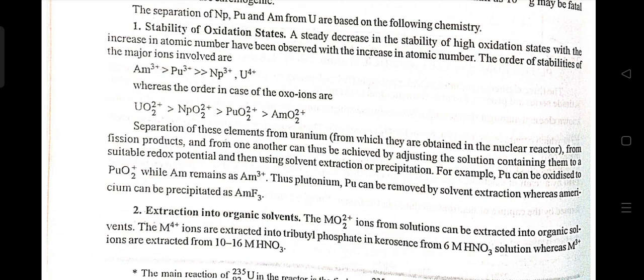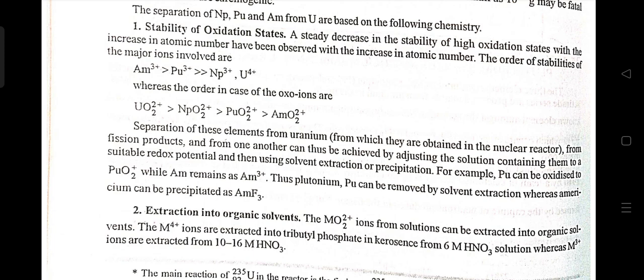Separation of these elements from uranium, from fission products, and from one another can thus be achieved by adjusting the solution containing them to a stable redox potential and then using solvent extraction or precipitation. For example, plutonium can be oxidized to PuO2+ while Am remains Am3+. Thus, plutonium can be removed by solvent extraction, whereas americium can be precipitated as AmF3.